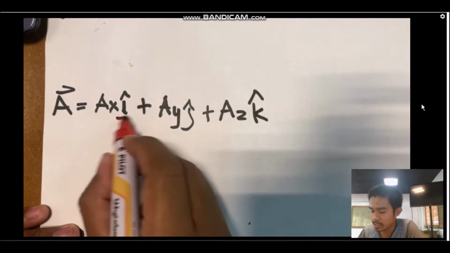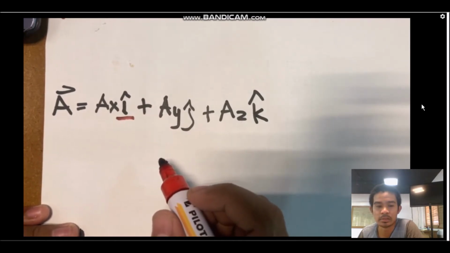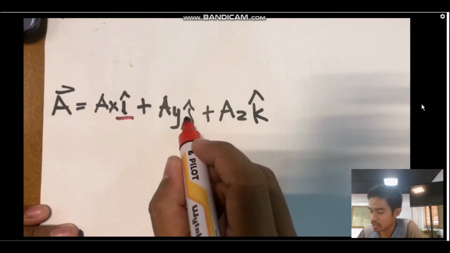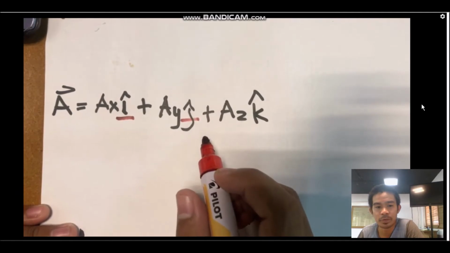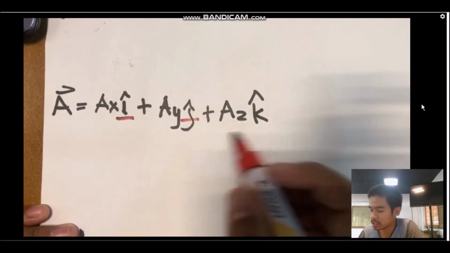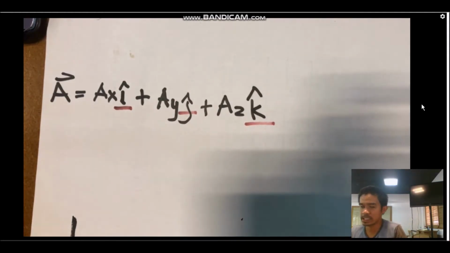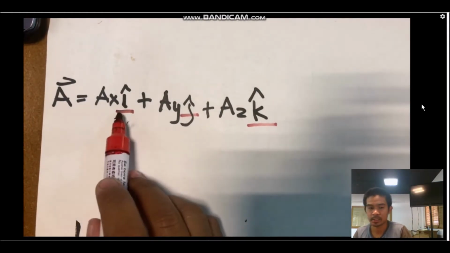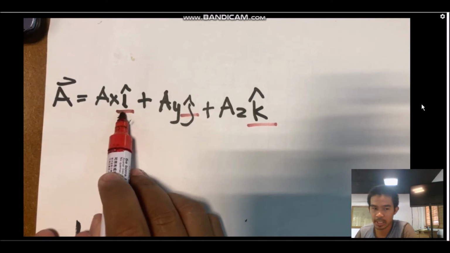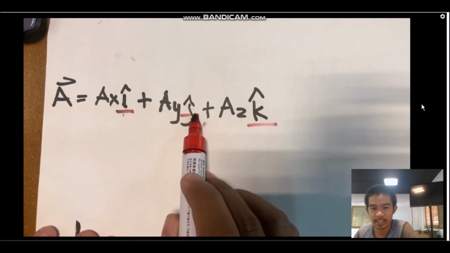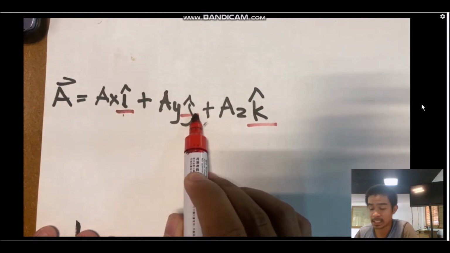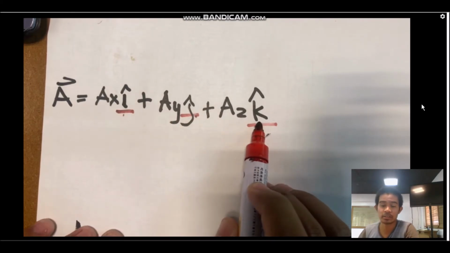So i hat is the unit vector along the x-axis, j hat along the y-axis, and k hat along the z-axis.